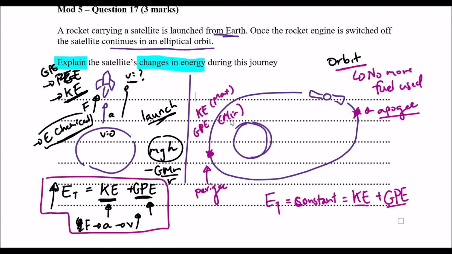The reason being is as the satellite approaches the perigee, we already discussed the formula for gravitational potential, but as this r, the distance that we have here, gets smaller, the value of the potential energy becomes more negative, so it's decreasing. So this is the point here.